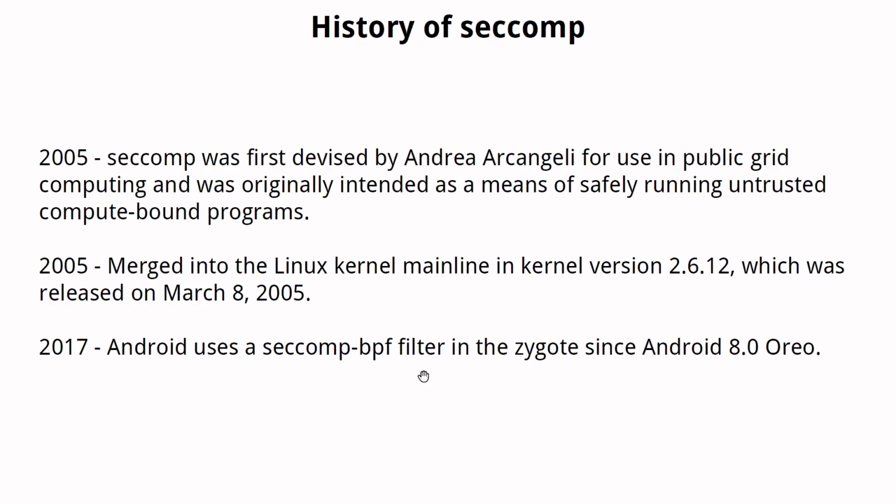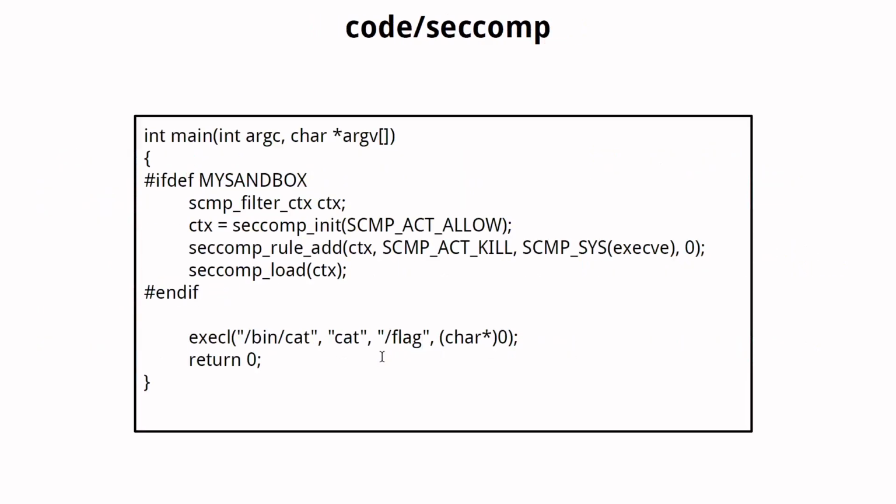This was first developed in 2005 for those supercomputers, and merged into the Linux kernel in the same year. Also, Android uses this BPF filter. Actually, it's BPF based. BPF is another interesting kernel feature. This is quite new. Still a lot of research on BPF.